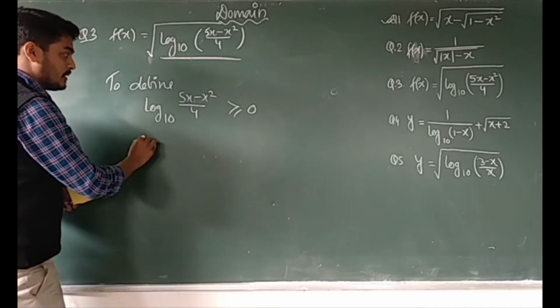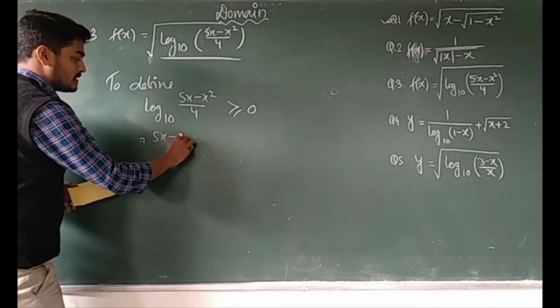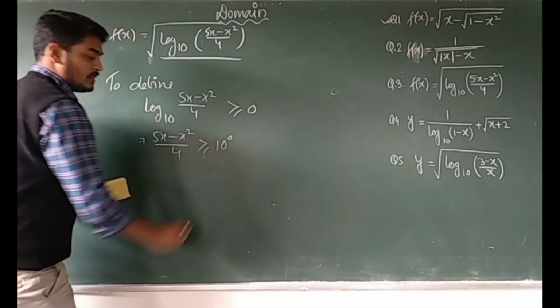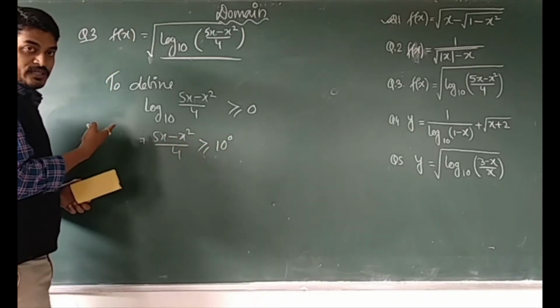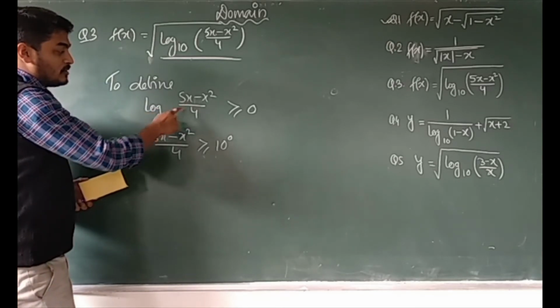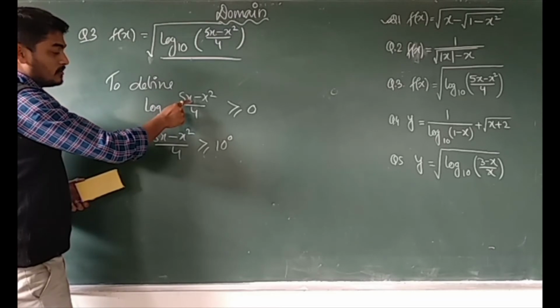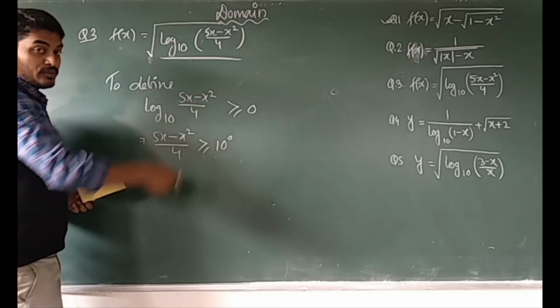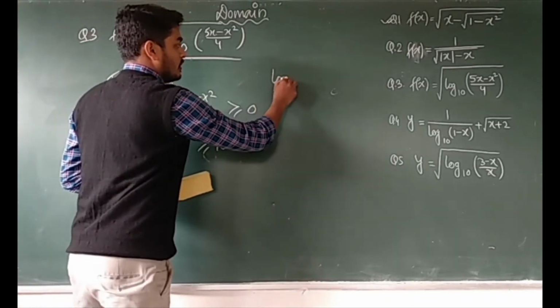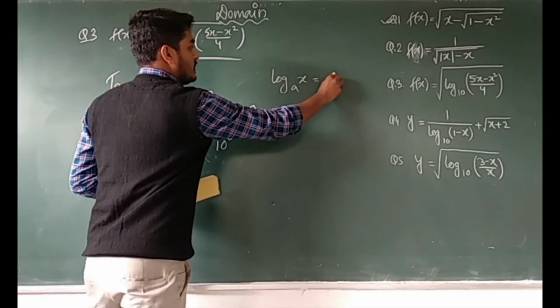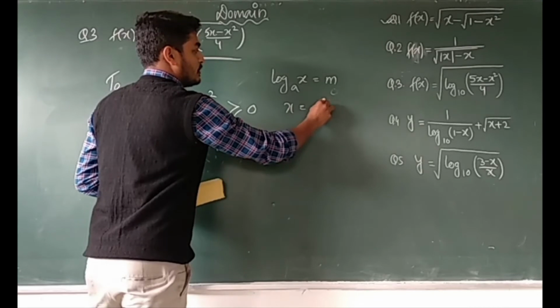So we can simplify: 5x minus x squared by 4 should be greater than or equal to 10 to the power 0. Am I correct? Logarithmic formula: log a to the base b is equal to 0 means a is equal to b to the power 0. In general, log x to the base a is equal to m means x is equal to a to the power m.